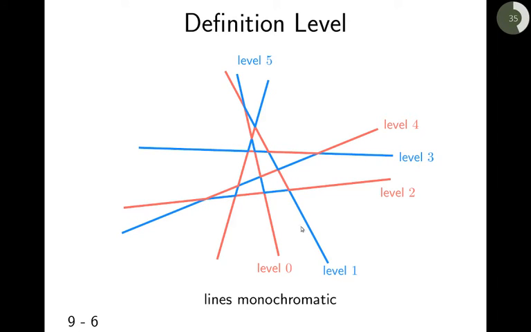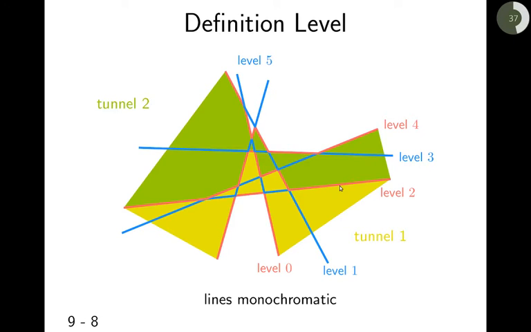Note that as the lines are monochromatic, I just colored the different levels. So the even levels will always be red in our case. Between level 0 and level 2 will be our first tunnel, and between level 2 and level 4 will be our second tunnel, and then above all is tunnel 3.